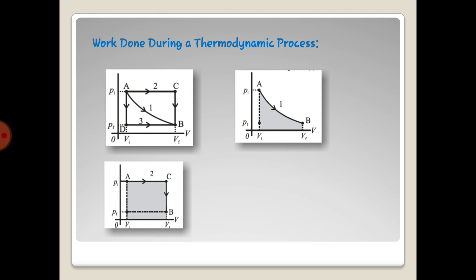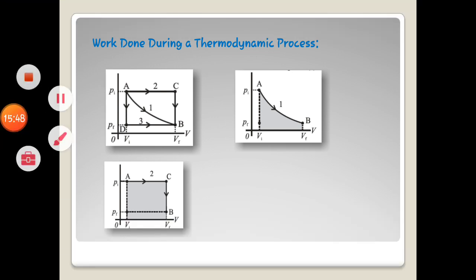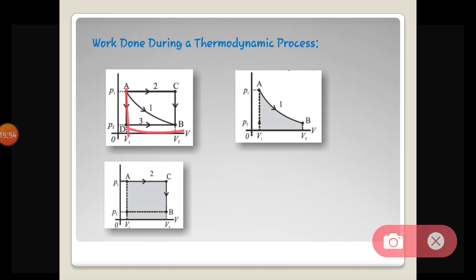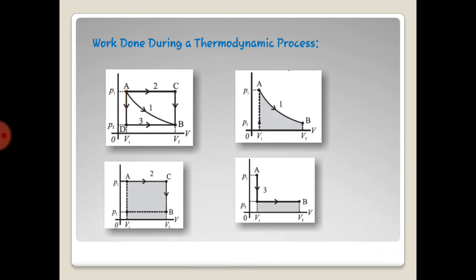Okay, so next one, the third way. What is the third way? From A to D and then D to B. While moving from A to D, volume remains same and pressure decreases.